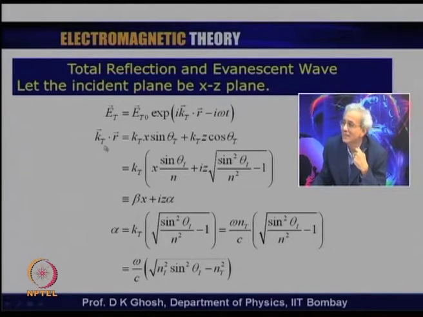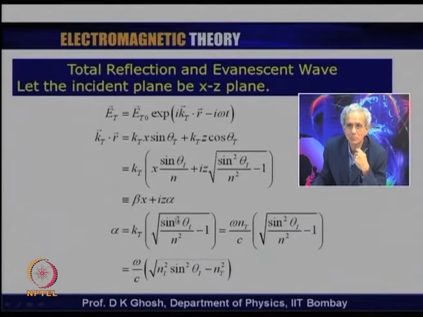So, you notice that k t dot r has two components. One is a real part which is beta times x, and what is beta? Beta is simply k t sine theta I by n, and I times z times alpha, and this quantity is my alpha. Alpha is k t times root of sine square theta I by n square minus 1, and I write k t as omega n t by c.